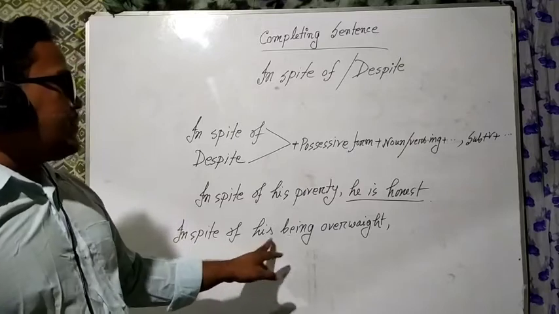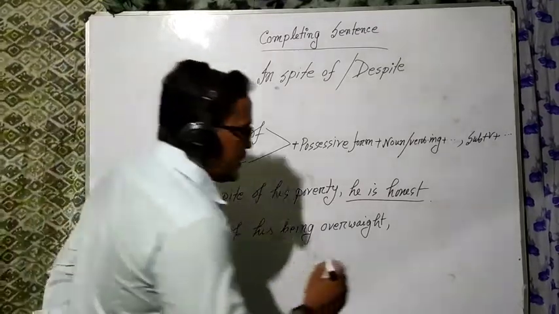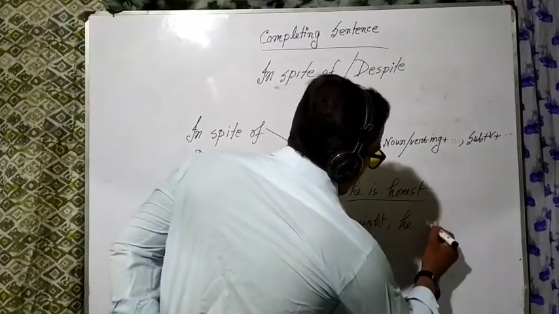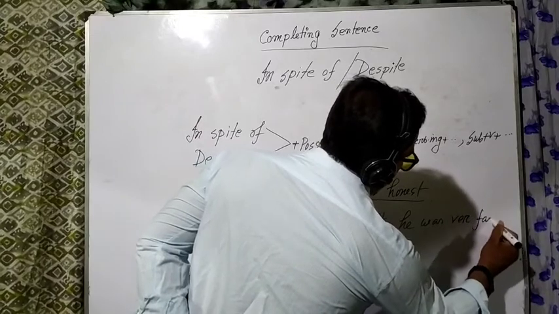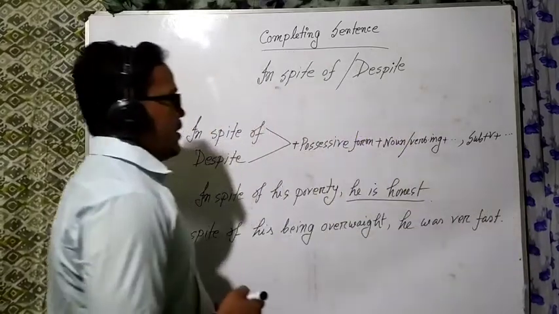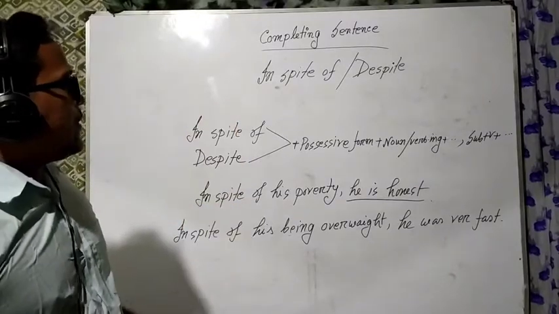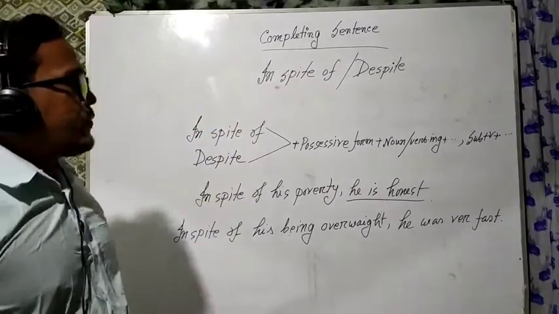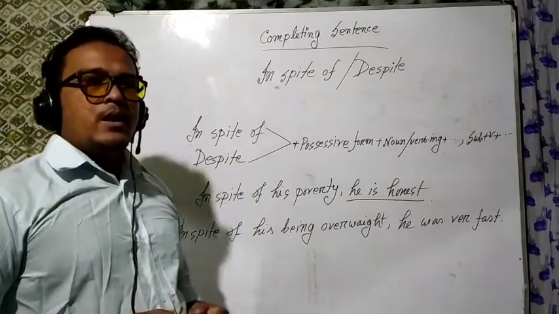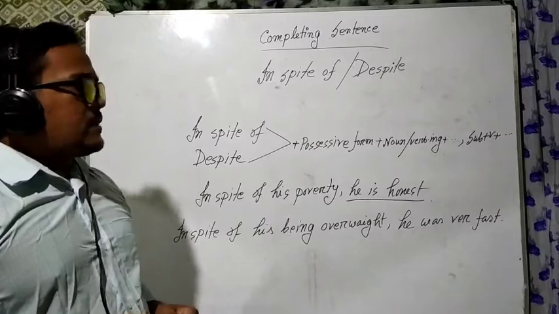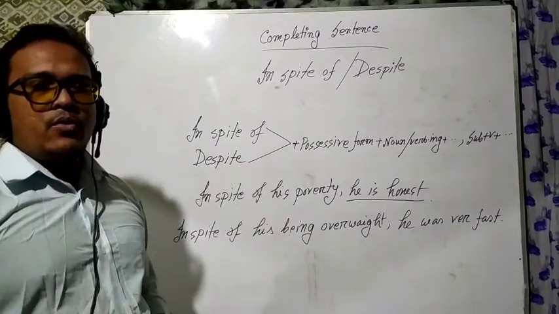In spite of his being overweight, he was very fast. Okay, I think you understand the structure of the topic in spite of or despite. I hope you will do some exercise from your textbook, and the more you practice, the more it will be clear.